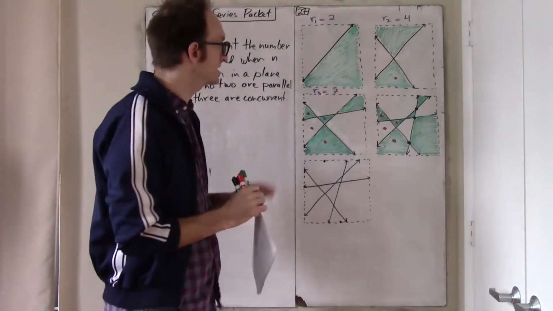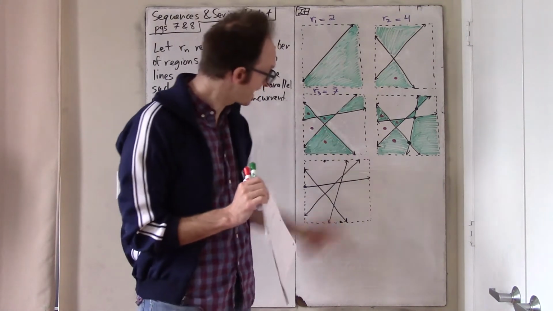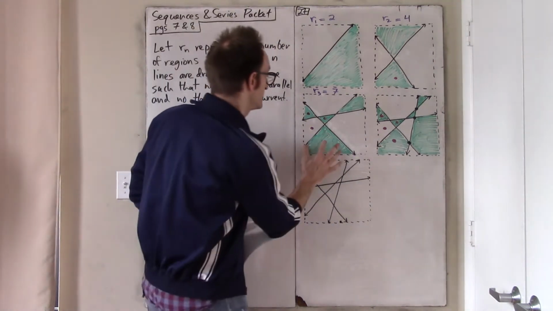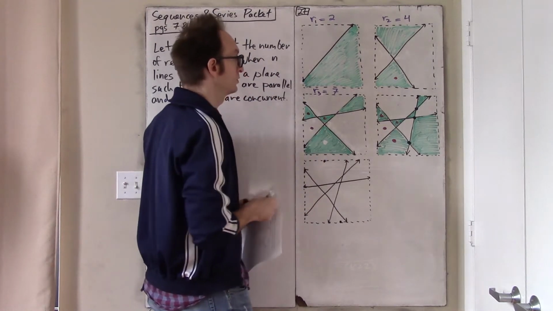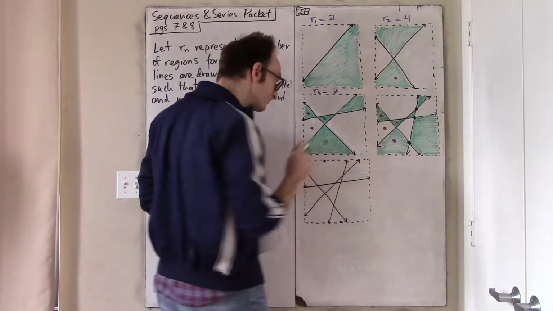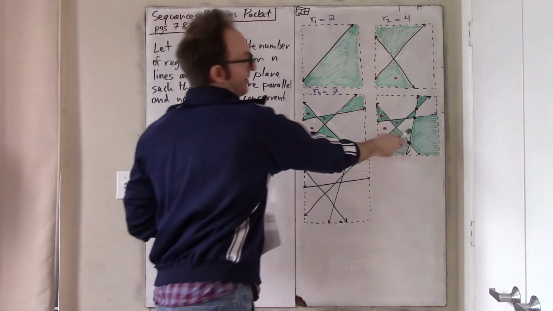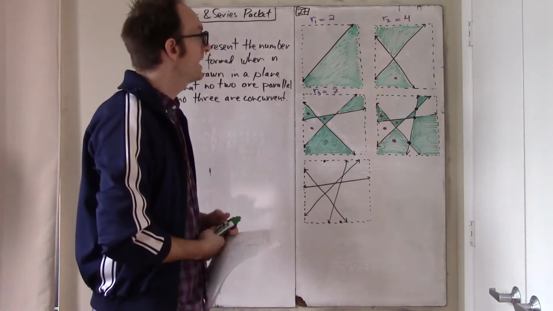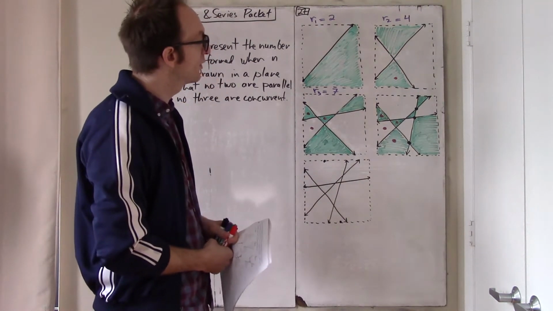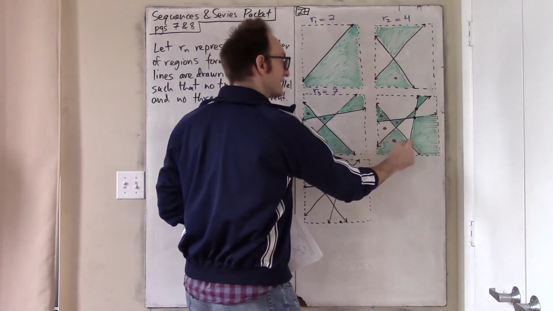So in the transition from this figure to this figure, what am I going to do? I'll tell you what I'm going to do. I am going to add a new line, in fact I already did it, which cuts through the 3 previous lines. It's going to cut through those 3 previous lines in 3 different places. That's the 3 black dots.